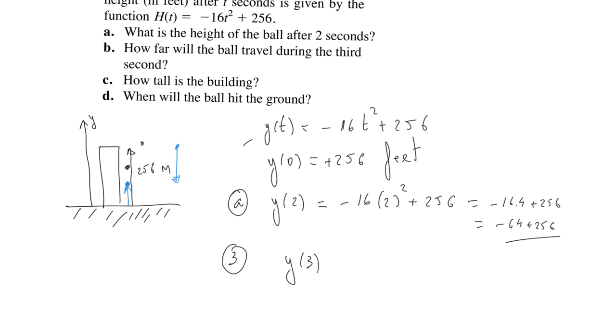So y of 3 is minus 16 multiplied by 3 squared plus 256. 9 by 16 will be 144, minus 144 plus 256.